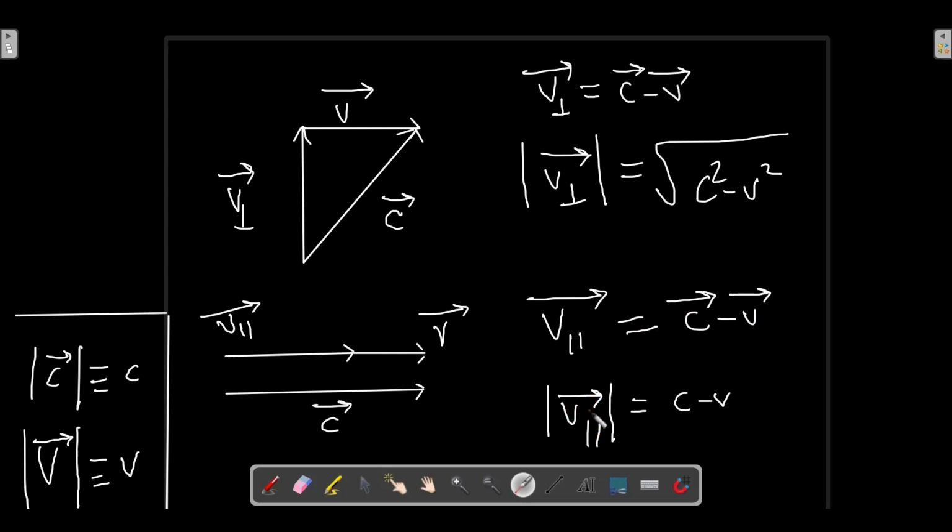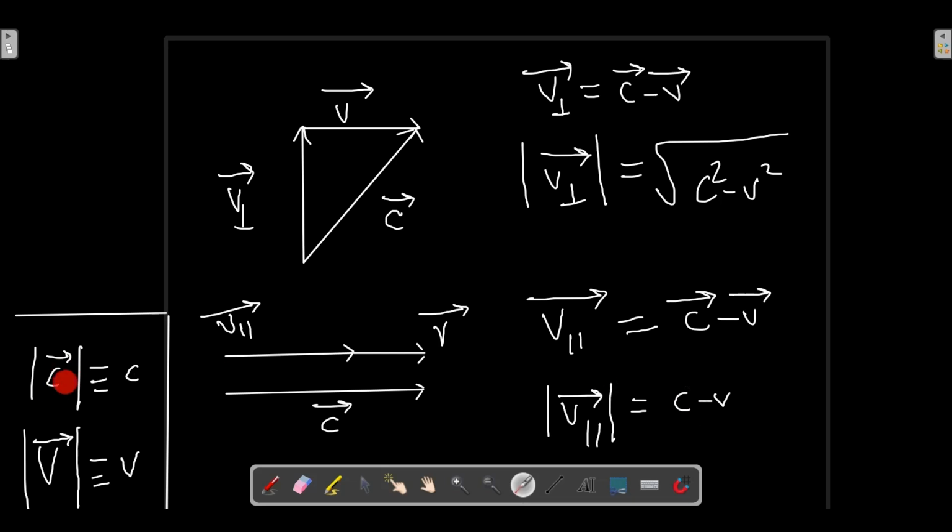V parallel magnitude will be equal to C minus V, because V parallel plus V will be equal to C, as it is forming a straight line. Although in vector form we write it like this, because it is forming a 0-degree angle, it came out as it is. So V parallel magnitude is equal to C minus V.